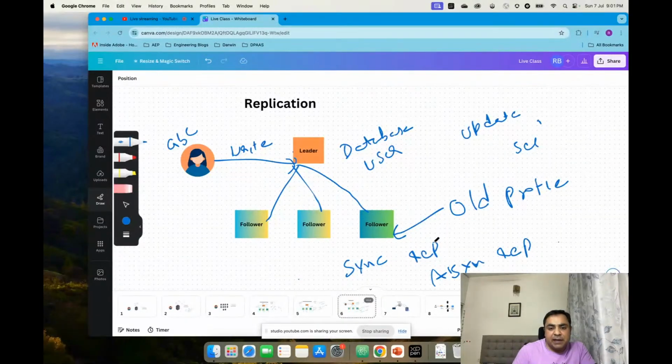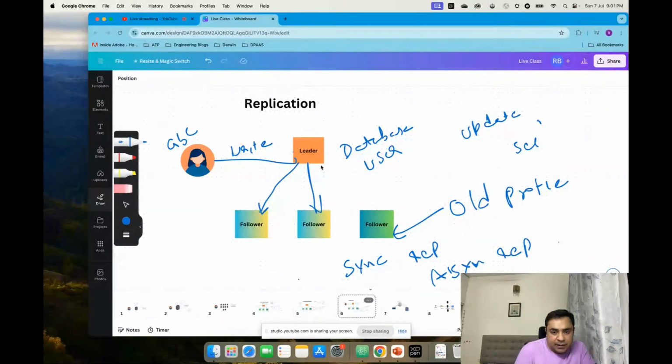When I say sync replication, what would happen is, first the user is going to write here, and then this leader will replicate the data here, based on the replication factor. By that moment, it has not acknowledged the user.